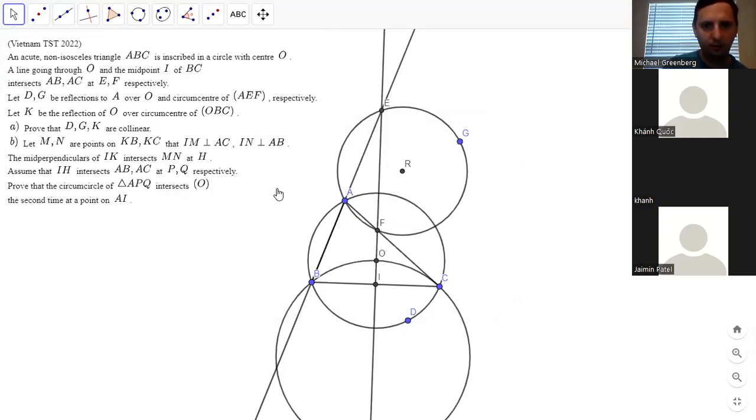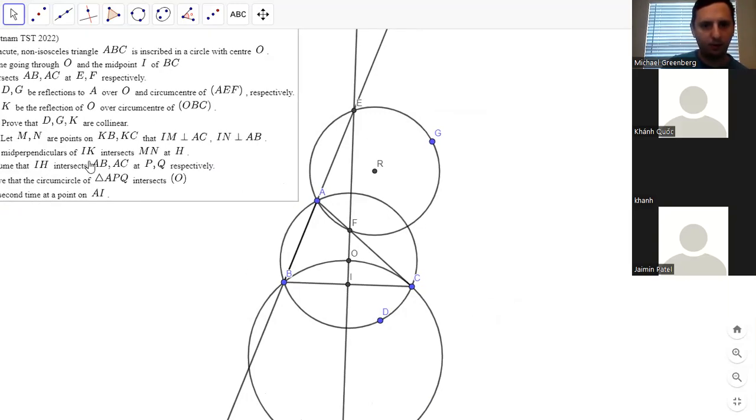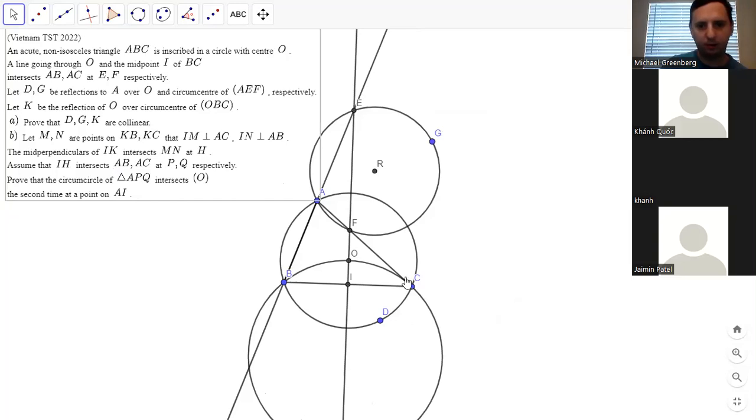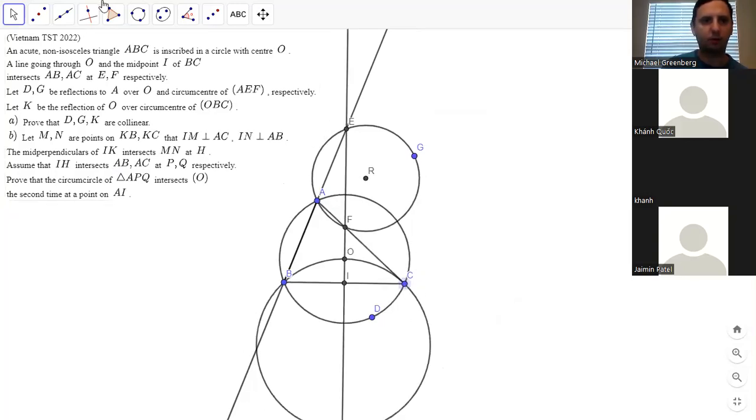Okay, I kind of like this diagram here. We want the center of the circle BOC, so I'm going to draw that.